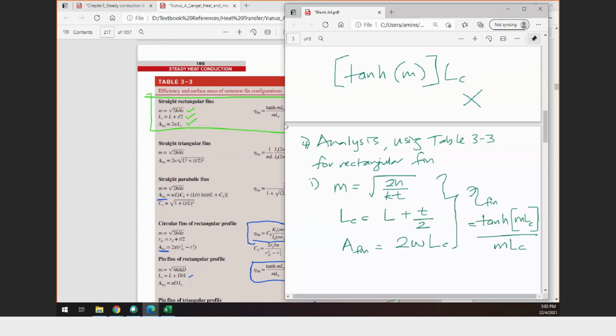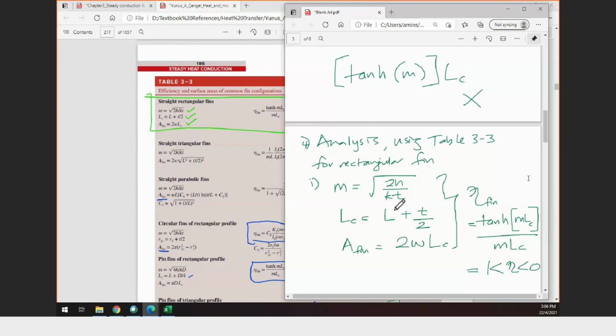So m Lc should be multiplied first, then you find the tanh value, then divide by m Lc. Your value should be between 0 and 1, because it is an efficiency.